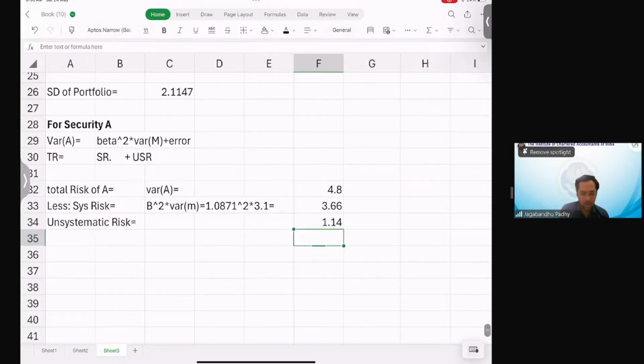Can you do it the same way for security B and also for the portfolio, guys? Can we do it on similar lines for security B and the portfolio?